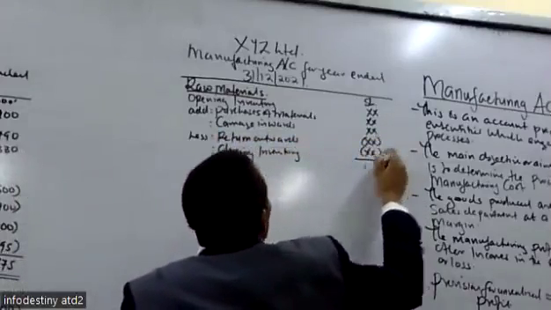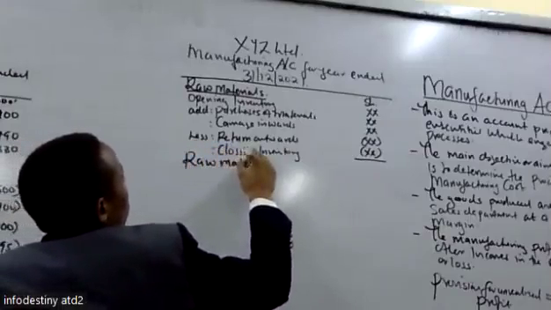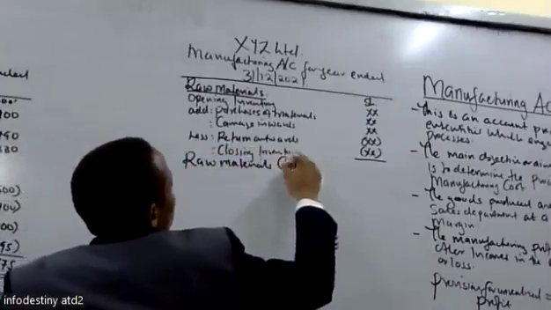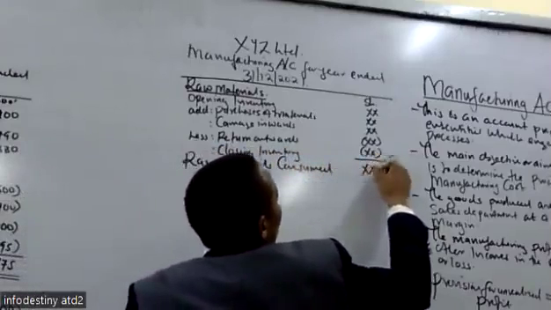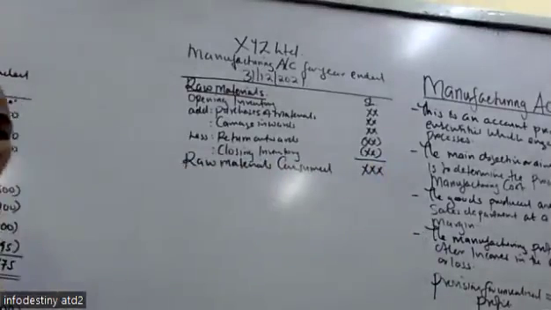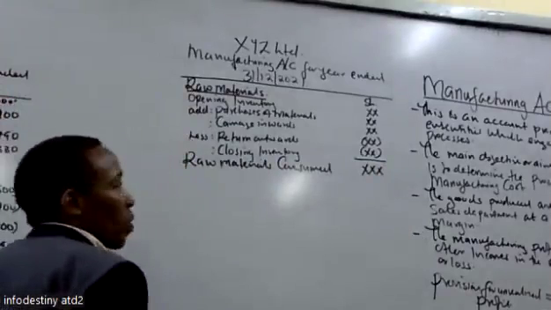What you get here is what we call the raw materials consumed or utilized. A raw material is a direct cost in production.